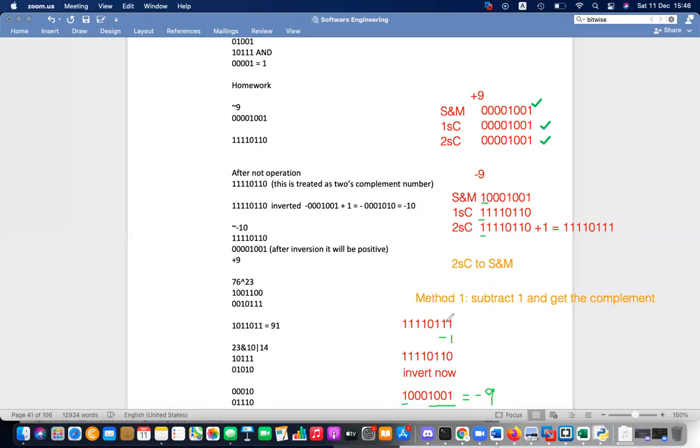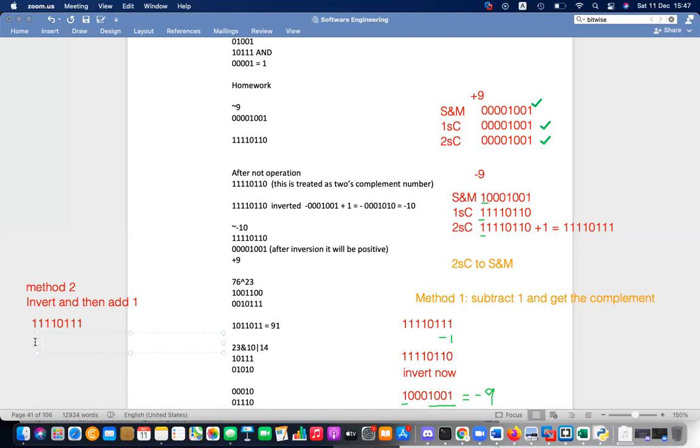This is method 1. Method 2: first you invert and then add 1. It is similar to how you created the 2's complement: first you inverted, then you added 1. So here also, if you invert and add 1, you will get the same. Let's invert 1 1 1 1 0 1 1 1.